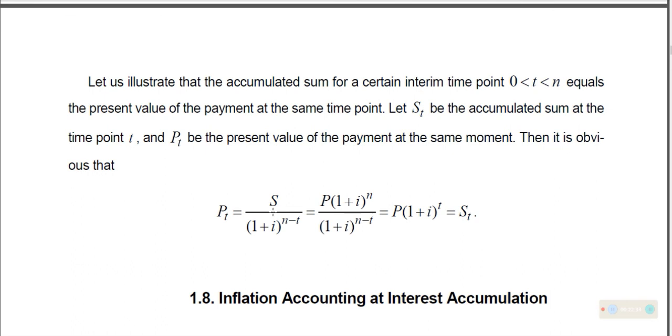Alam natin that when we are compounding, S is equal to P times 1 plus I raised to the power of N, right? So since we have a common factor here, so it will be reduced to P times 1 plus I raised to the power of T. Ano lang to? Loss of exponents. So, N minus T. Diba?